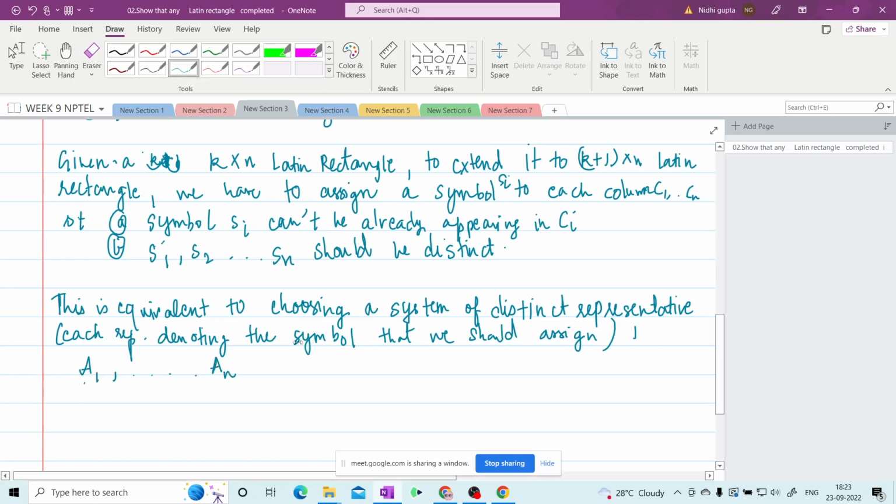Each set is for a column. And what are the elements of Ai? Ai is the set of all symbols that can be added to column Ci. These are basically all those symbols Sj such that Sj is not already appearing in Ci.